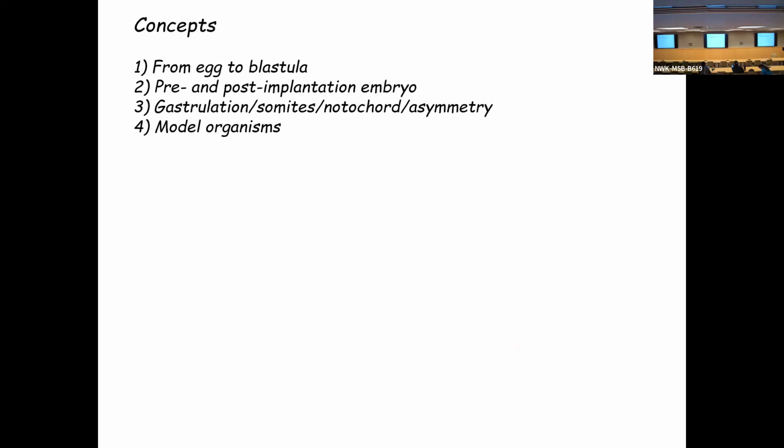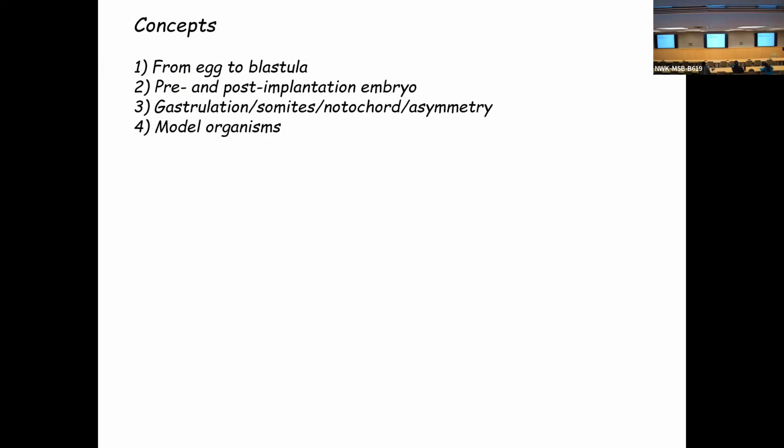Okay. So we'll start with development. We'll learn a few things about pre-implantation development, how we go from the egg or the fertilized egg to the blastula stage. Then we learn concepts about pre and post implantation development.